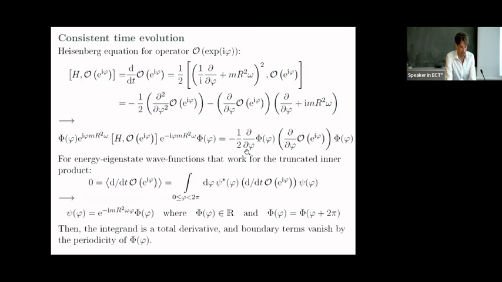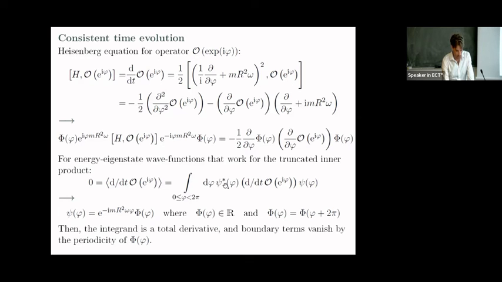Now, let us assume, so we're looking now for solutions to the time-independent Schrödinger equation. So we want to know what the energy eigenstates are so that we can compute the trace of the density matrix. So then we know that these expectation values of operators for energy eigenstates should be time-independent. So we would impose that 0 is d with respect to dt of O of phi. So when we calculate this expectation value.